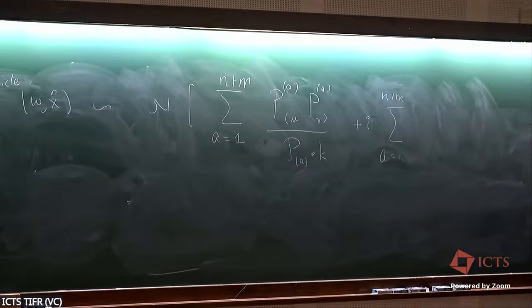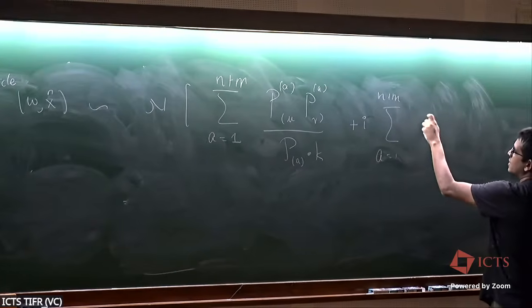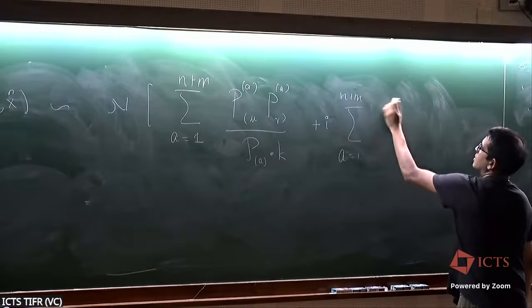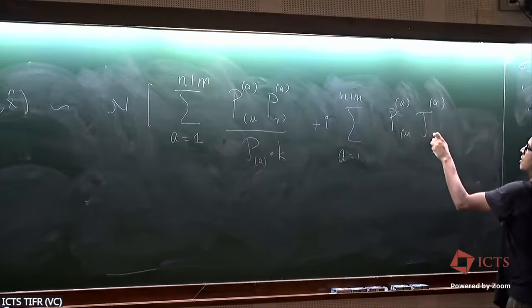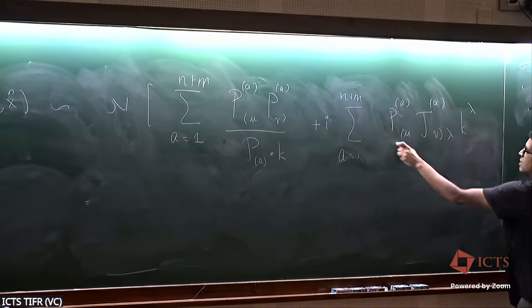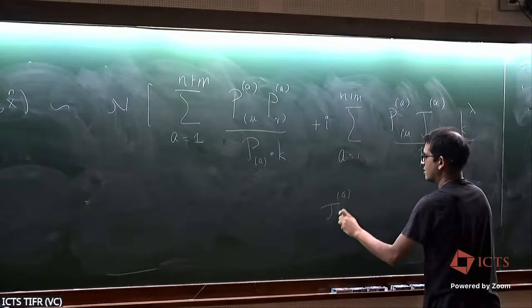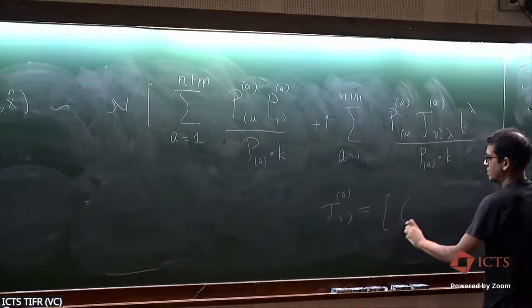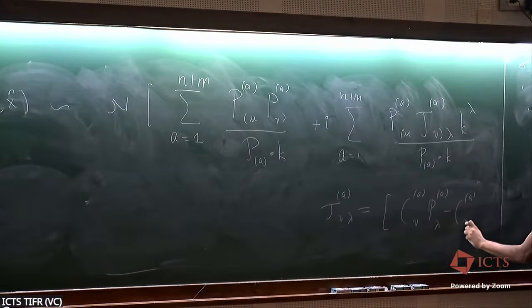And I'm not writing all the steps, but if you just combine and look at the algebra, you can show that this is true, that the answer is of the form, where J A nu lambda is actually nothing but x A nu p A lambda minus x A lambda p A nu, which is really the orbital angular momentum of the A-th particle measured asymptotically for the free particle.